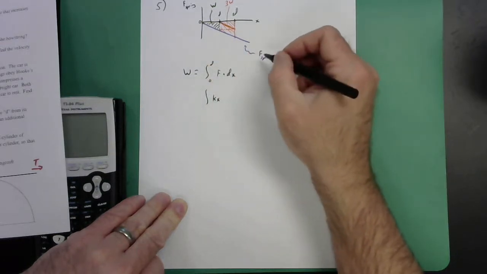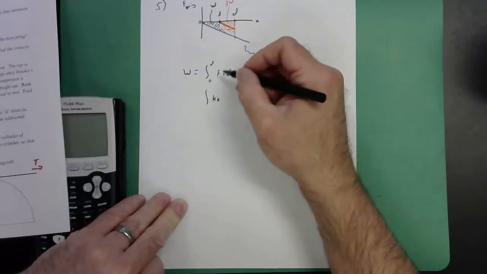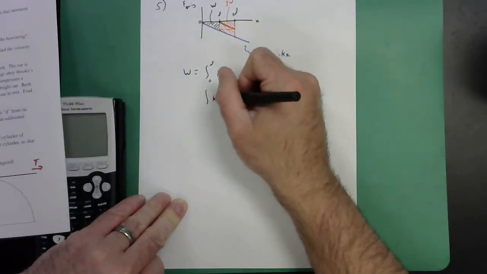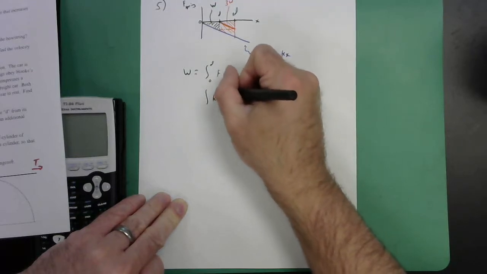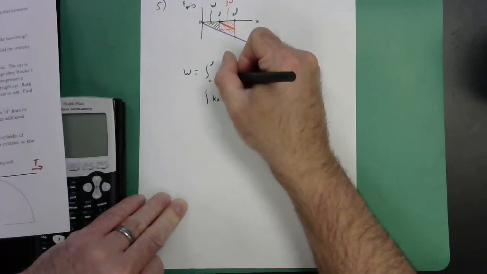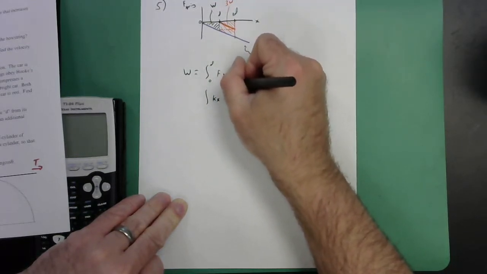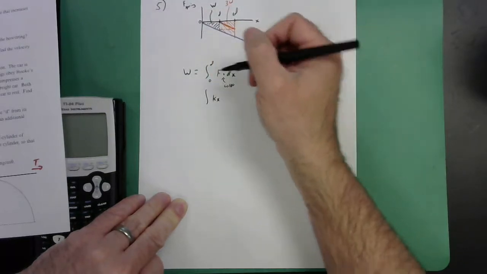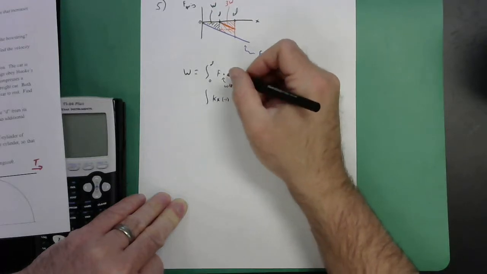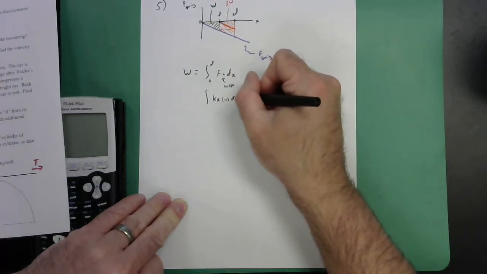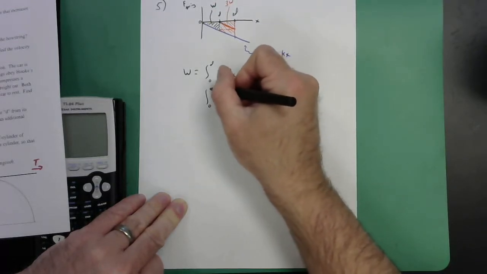I'm just not going to worry about the sign, if that's all right with you. kx cosine 180 is going to make this a negative, right? Because that force of the spring is against the motion as I'm stretching the spring. So that's going to give me a negative 1 when I do the cosine 180, dx from 0 to D.